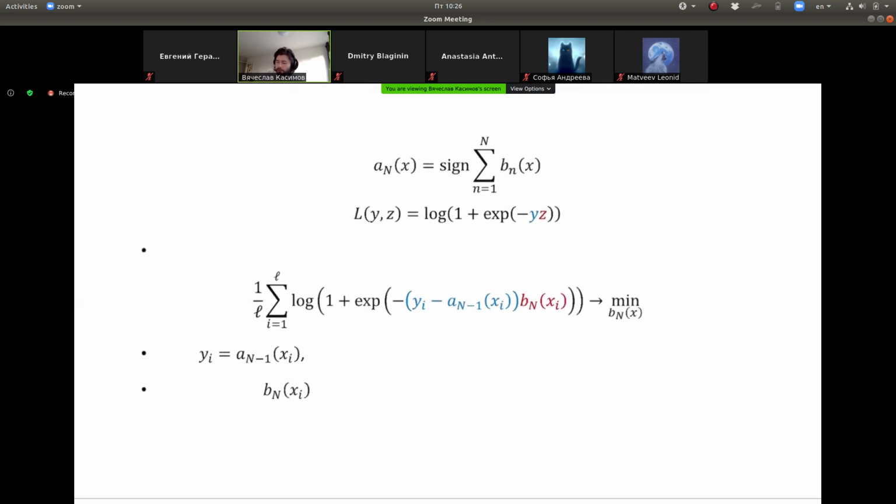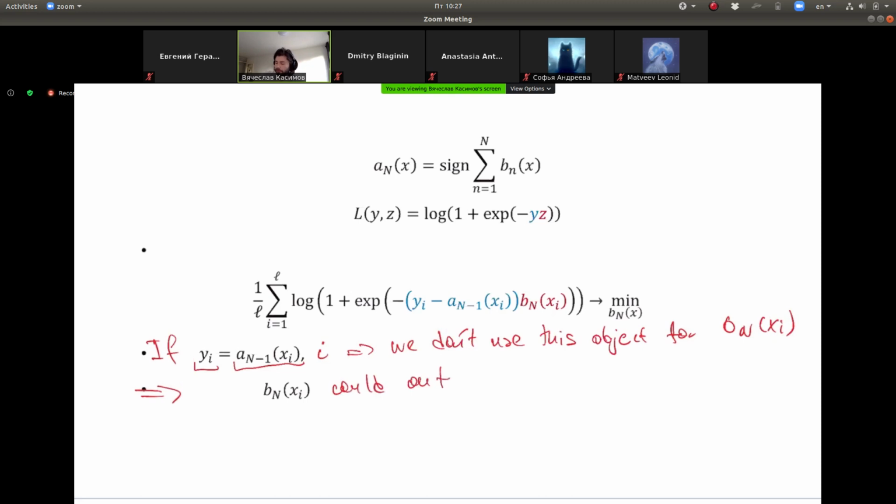Let me write it one more time. If our current ensemble outputs the correct answer for data point i, we don't use this object for learning the new model. As a consequence, this model could output anything for object i, and it will break the whole condition.